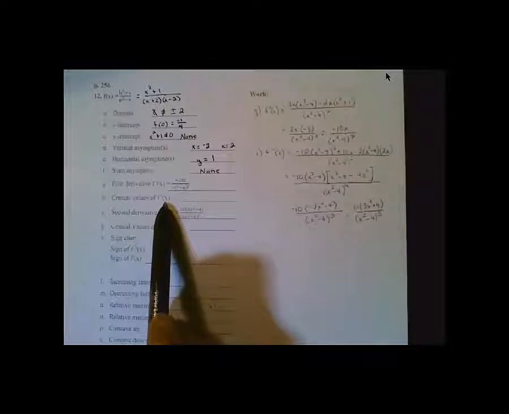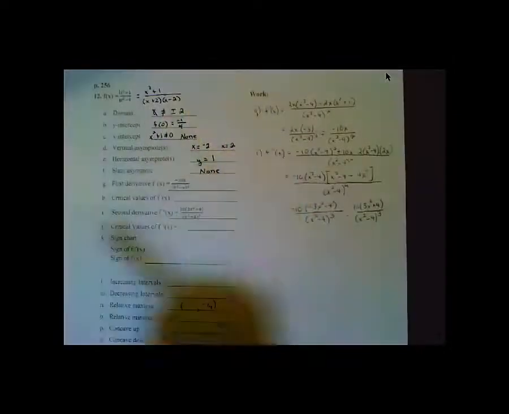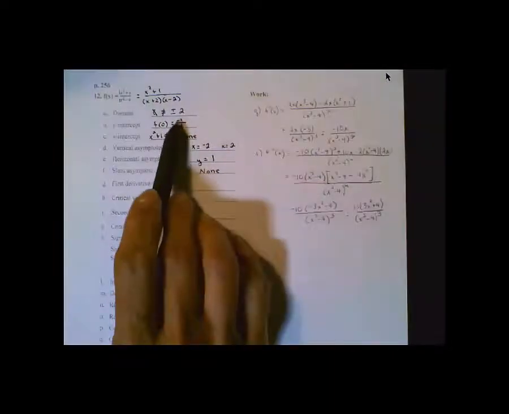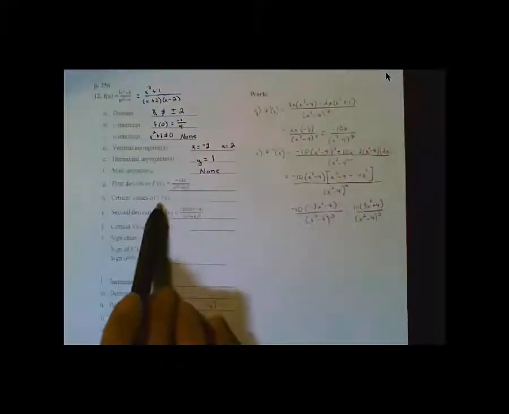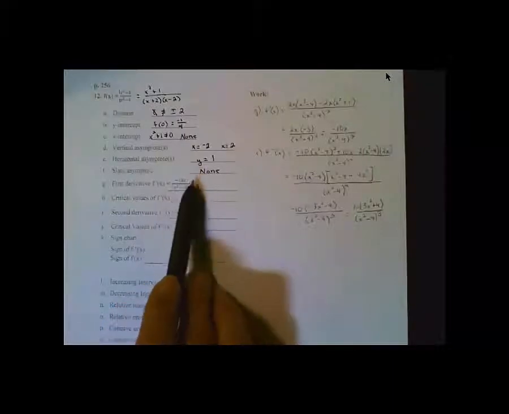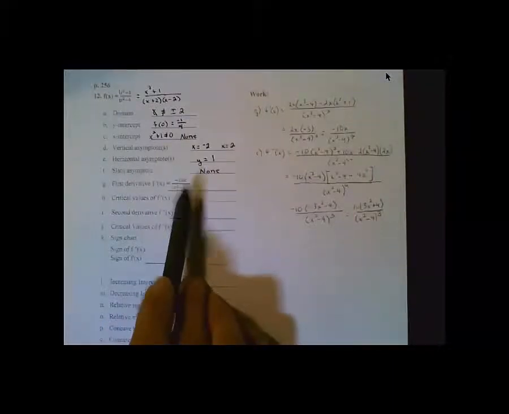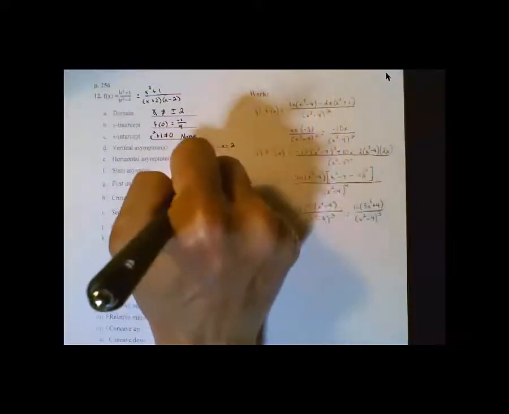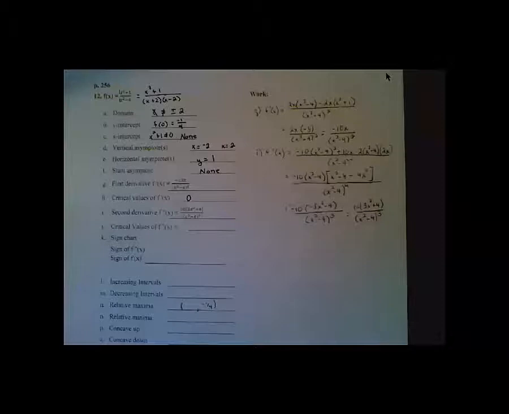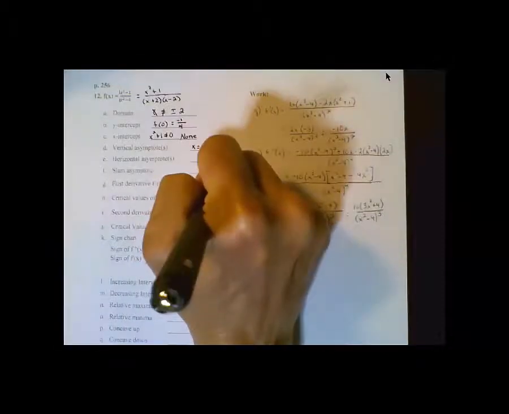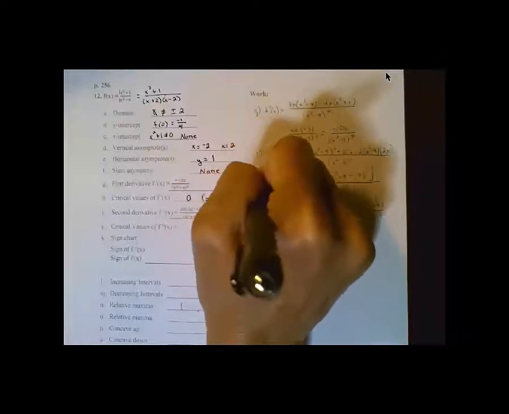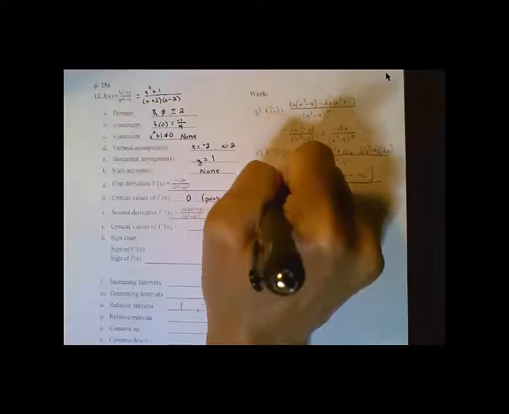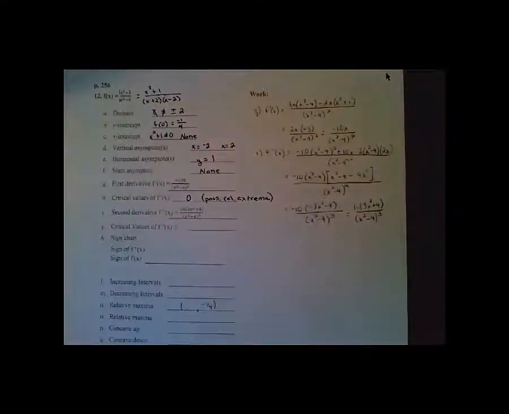No, the definition of critical value is the function has to be defined there. The function is not defined at plus or minus 2, so plus and minus 2 cannot be critical values. The critical value will only be what makes the numerator 0 in this case, and that's x equals 0. 0's the only critical value, and it's a possible relative extrema. We'll find out in a minute if it is an extrema.